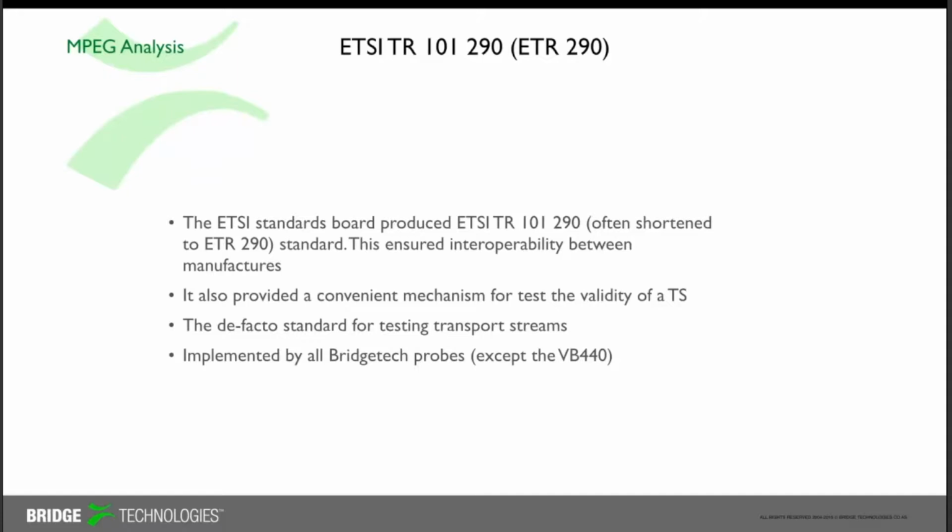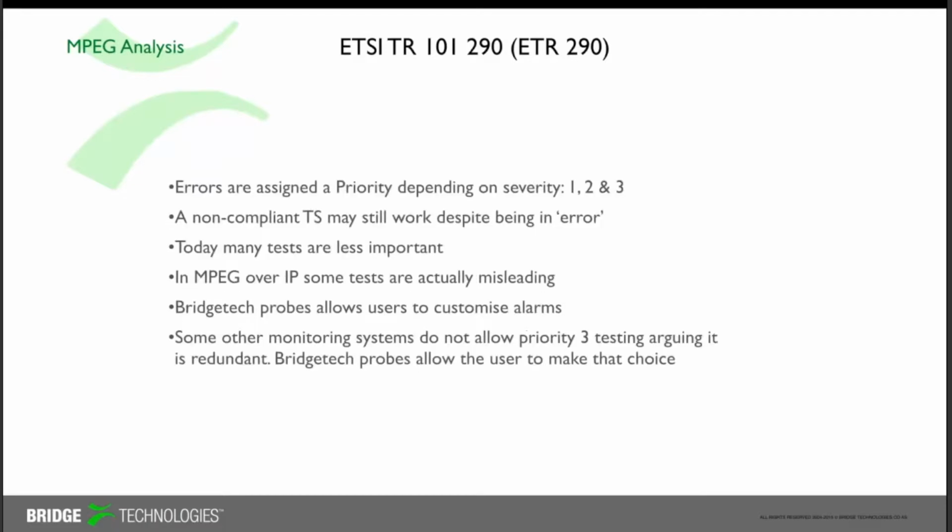And all Bridgetech probes will implement the ETR 290. I'm going to call it ETR 290 from now on. The VB440, the uncompressed video over IP probe, doesn't, because ETR 290 is only applicable to transport streams, MPEG compressed transport streams.